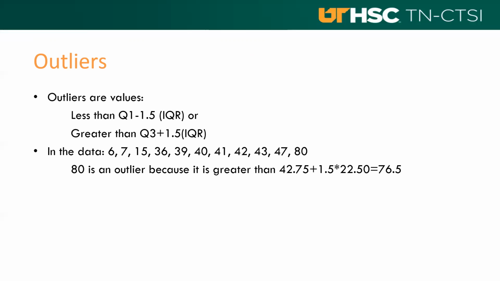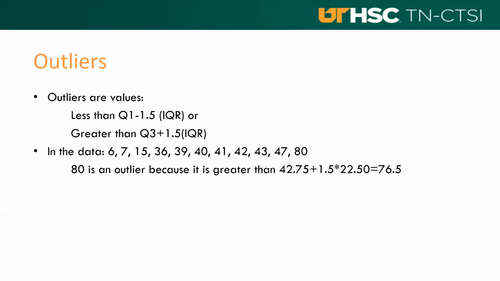But the way to calculate the outliers is that they are the values which are less than the first quartile minus 1.5 times the interquartile range, or greater than the quartile 3 plus 1.5 times the interquartile range. So in the data 6, 7, 15, 36, 39, 40, 41, 42, 43, 47, 80, 80 is an outlier because it's greater than 42.75 plus 1.5 times 22.50.